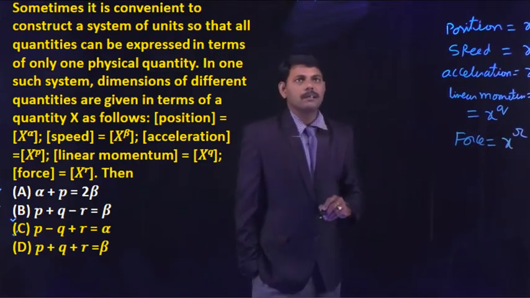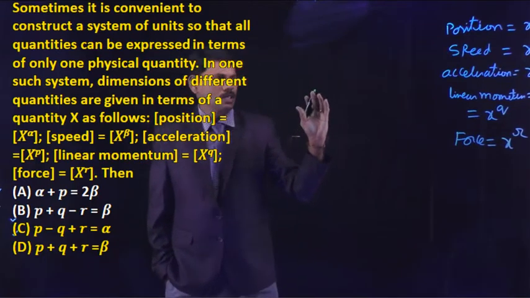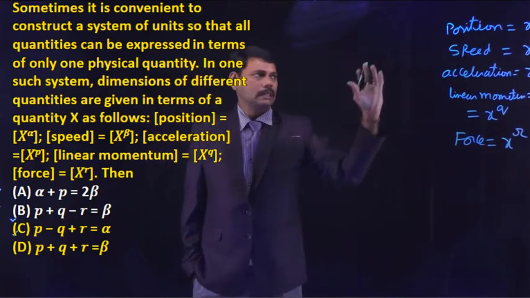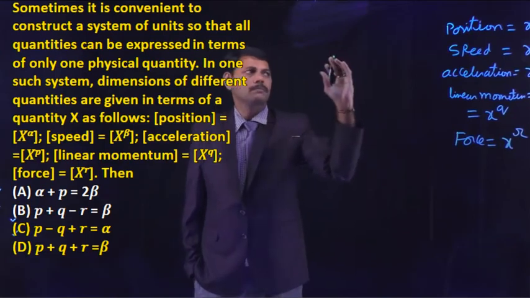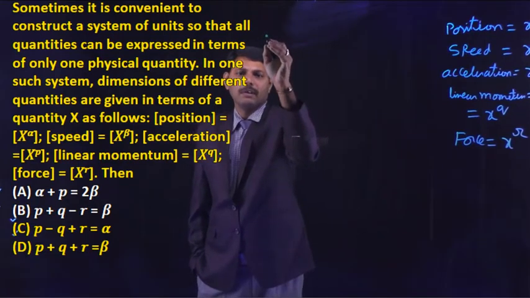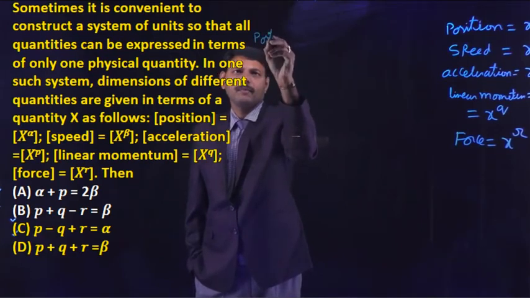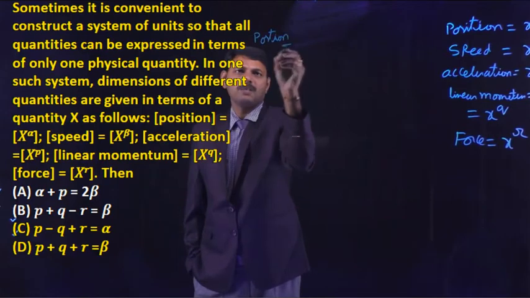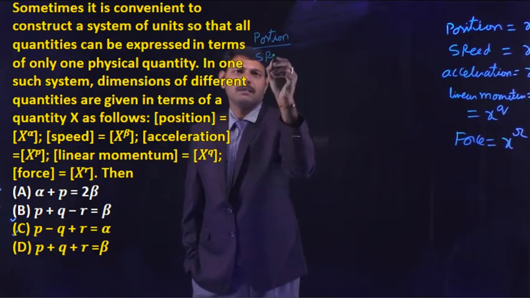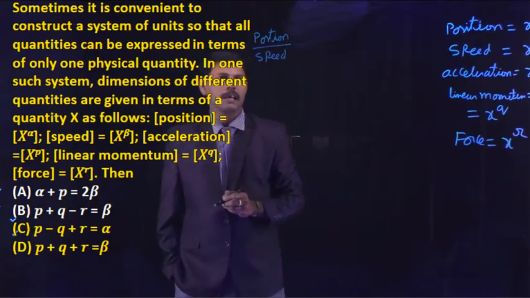Here we write one simple equation. We know that speed is equal to distance by time, so position by speed is time.